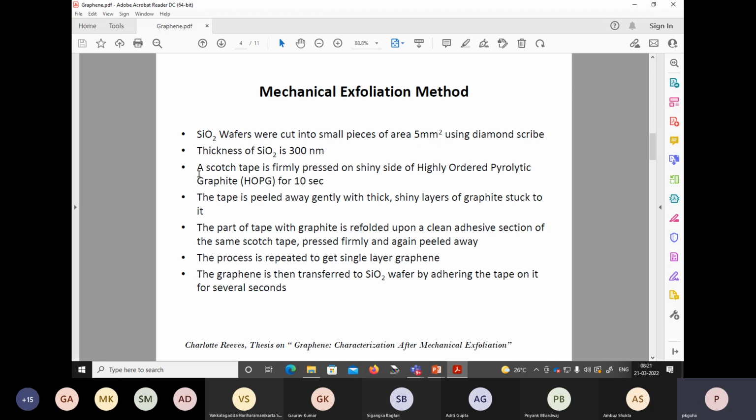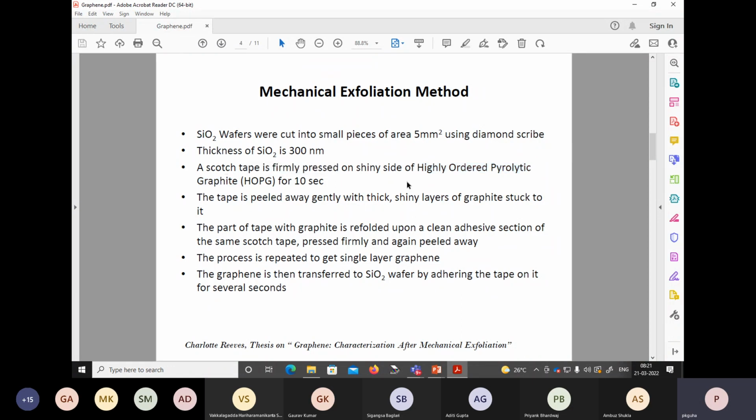You use scotch tape, which is very sticky, and you have highly ordered pyrolytic graphite, known as HOPG.